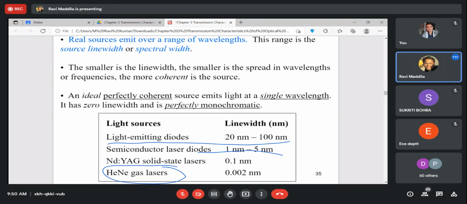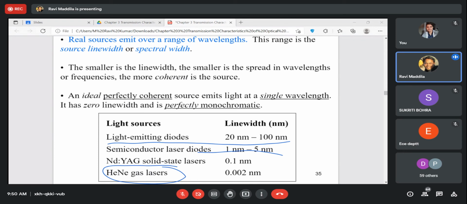This helium neon gas laser is a very old technology, and it was very widely used. I believe even now this is pretty widely used. If you go to a mall, you see barcodes on the products, right?